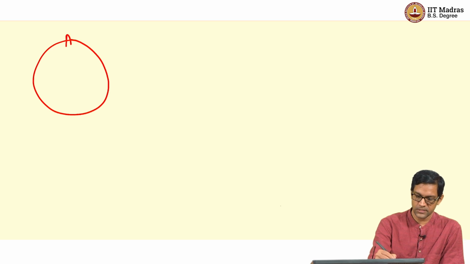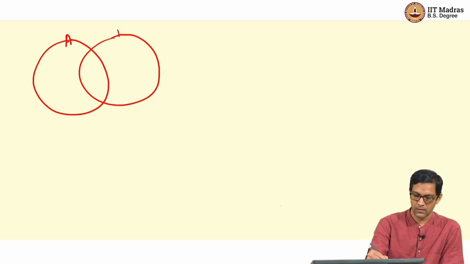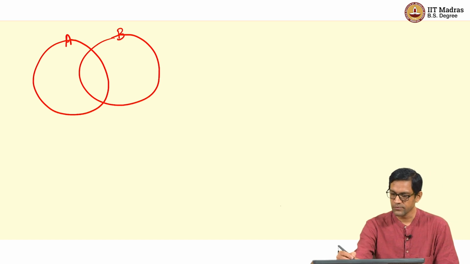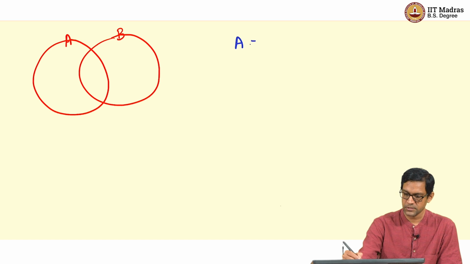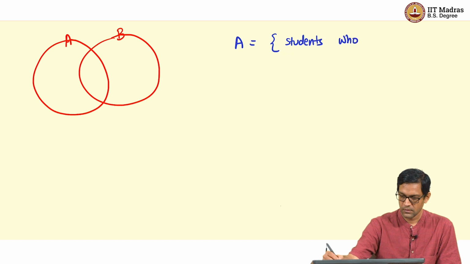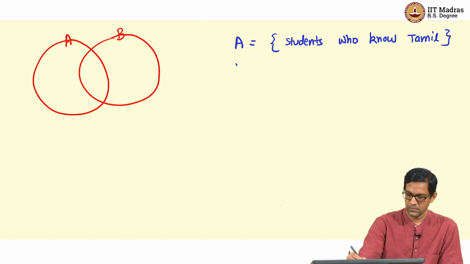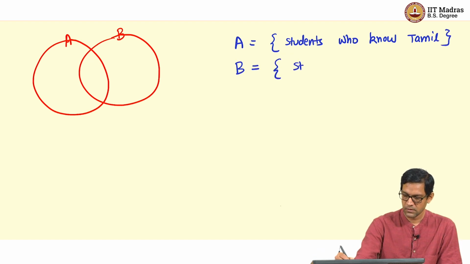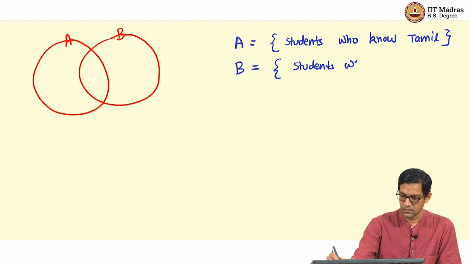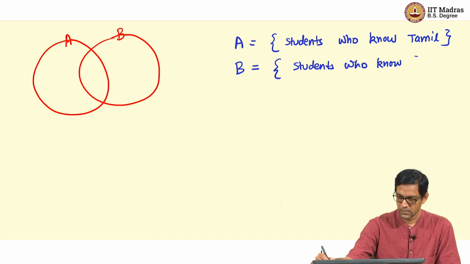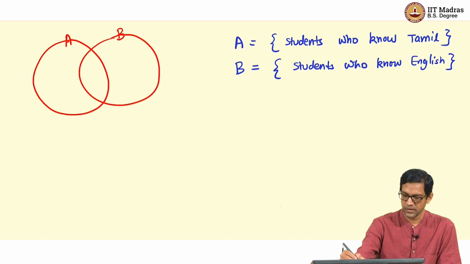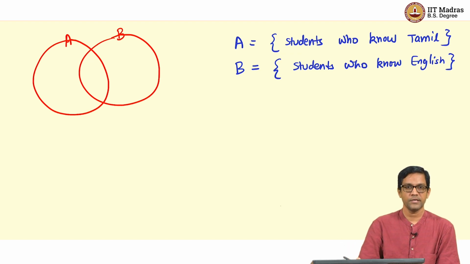I will draw two sets A and B. Let us say A denotes the set of students who know Tamil, and B is the set of students who know English, and we will try to use the given information to figure out what we can say about the number of elements in various portions of this set.